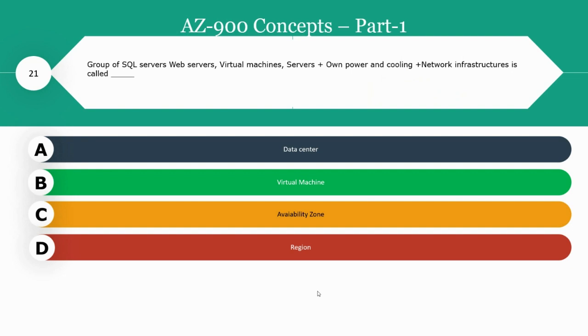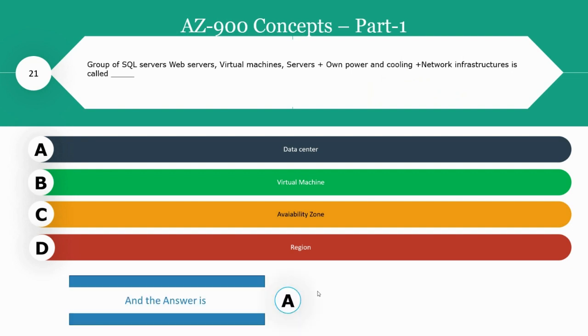The correct answer is A. Data center is the correct answer and it is the lowest in the hierarchy. Multiple data centers form the availability zones and multiple availability zones form a region. Virtual machines are not related to the question asked, and so that is not the correct answer.